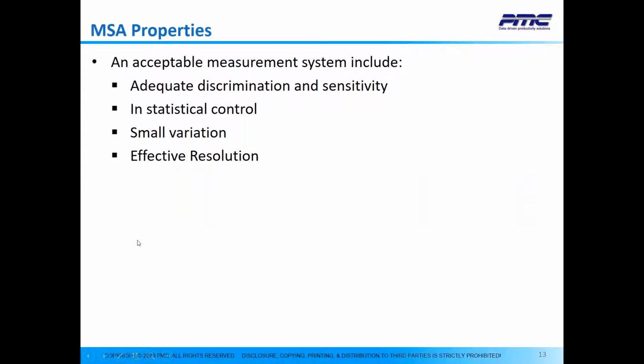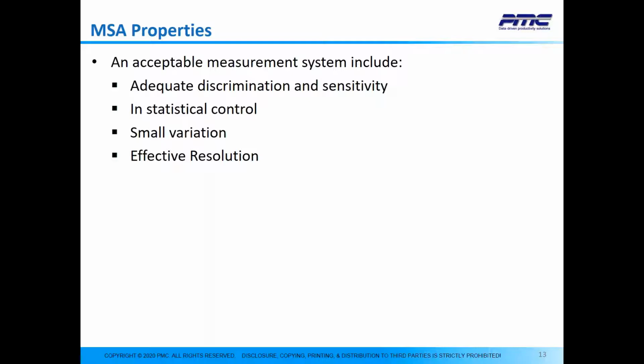Some of the properties of MSA, certain fundamental properties that define a good measurement system, are adequate discrimination and sensitivity. So what does that mean? The increments of measure should be small relative to the process variation or specs. The commonly known rule of 10, or 10-to-1 rule, states that the instrument discrimination should divide the tolerance into 10 parts or more.